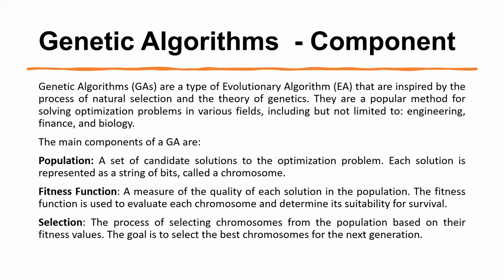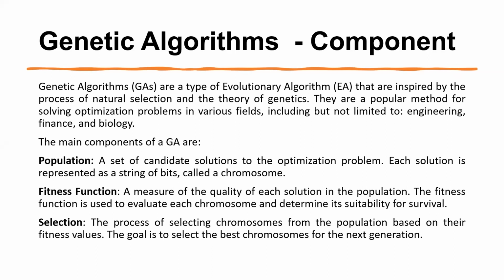Each solution is represented as a string of bits called a chromosome. A string of bits together is called a chromosome, and each bit is called a gene. And then the fitness function: similar to the evolutionary algorithm step, we calculate the fitness function for each chromosome to understand how strong it is to be selected to go to the next generation.